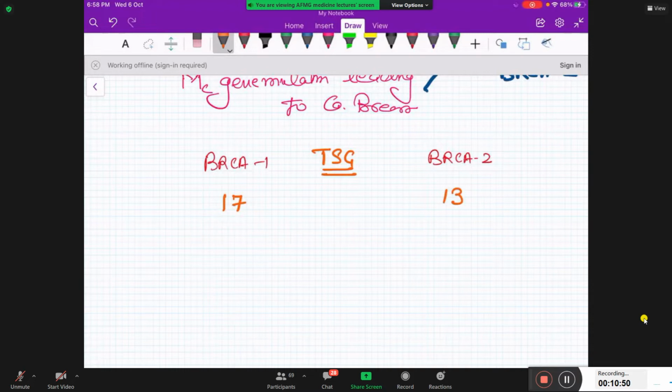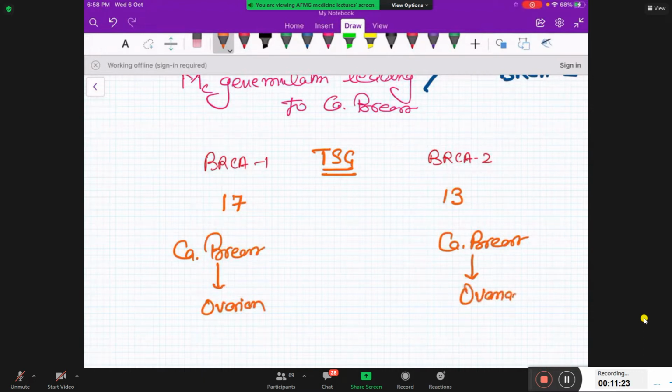Once this gene is mutated, be it 1 or 2, the most common malignancy the individual is going to develop is carcinoma breast, followed by ovarian carcinoma.